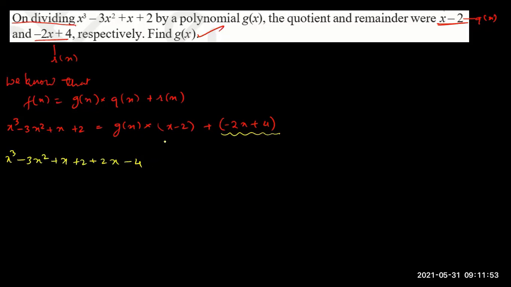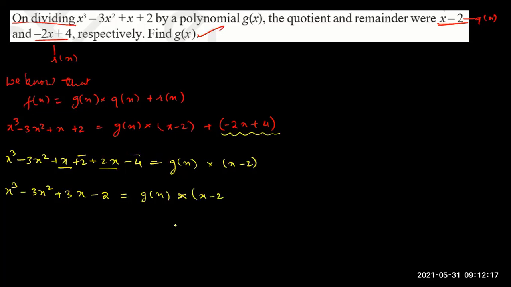Then this is equal to g of x as it is, into x minus 2. So here it is x cube minus 3x square plus 3x minus 2 is equal to g of x into x minus 2.